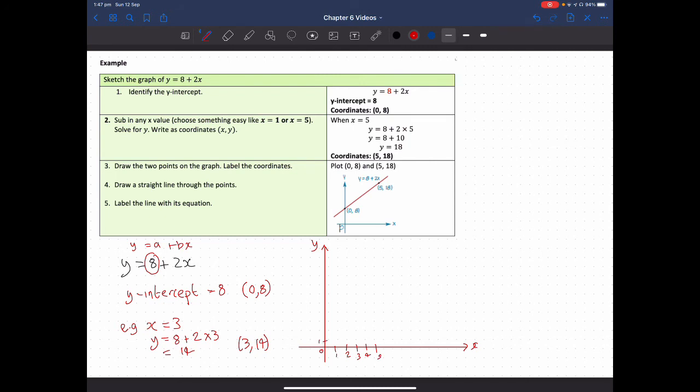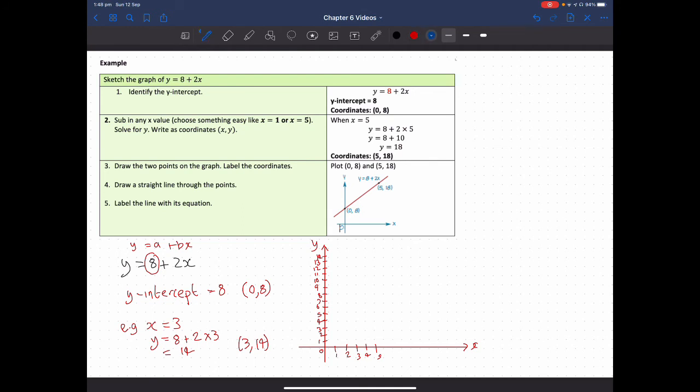Vertical, 1, 2, 3, 4, 5, 6, 7, 8, 9, 10, 11, 12, 13, 14.